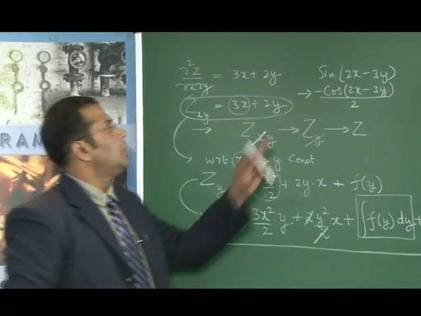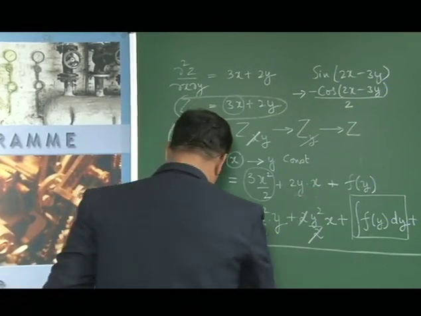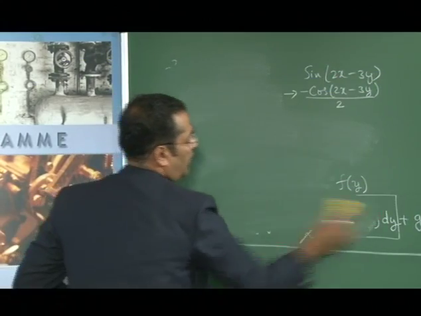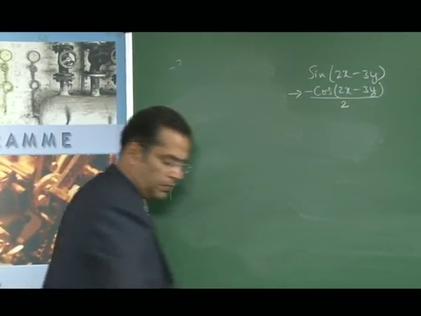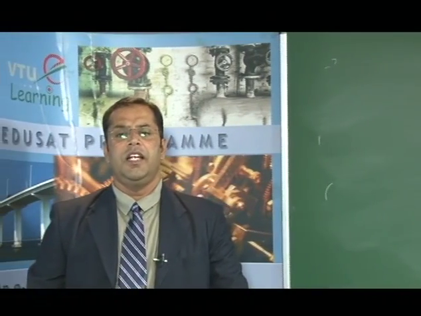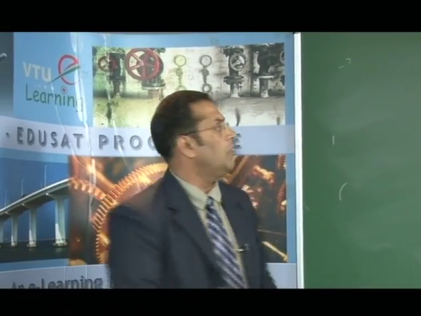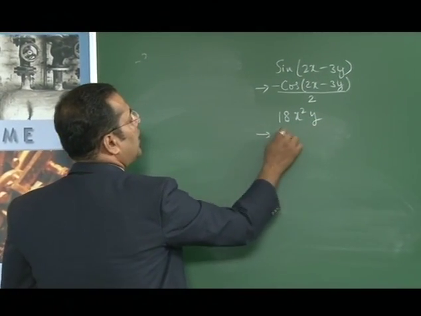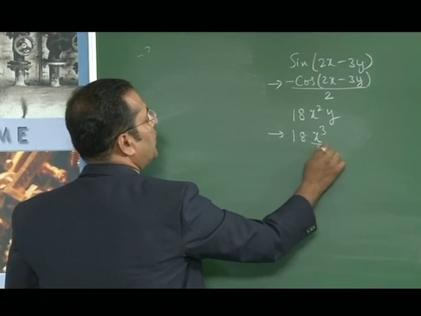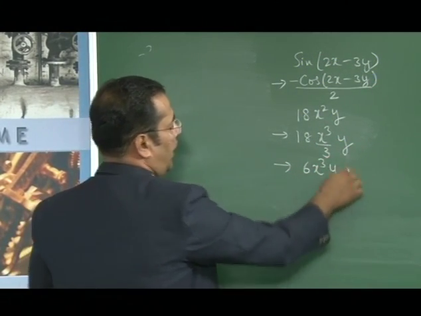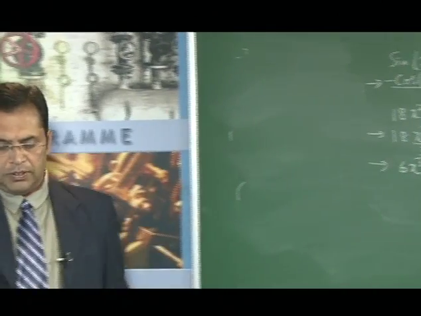So, sin 2x minus 3y on integration will give minus cos 2x minus 3y by 2, then plus the integration of 18 x square y with respect to x, which will give 18 x cube by 3 into y, which is 6 x cube into y.